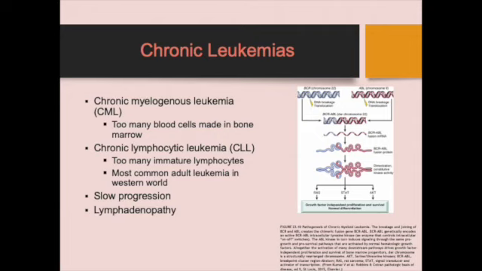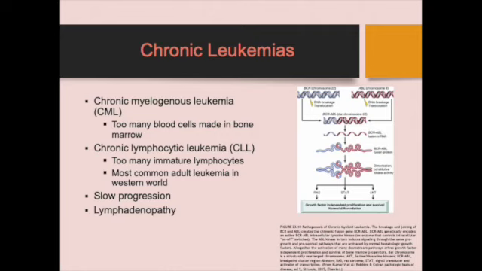So let's first think about CML as being clonal, and it's thought to arise from the hematopoietic stem cell itself, and this cell is observed in CMLs. They're heterogeneous in differentiation, and it really depends on the stage of the disease.